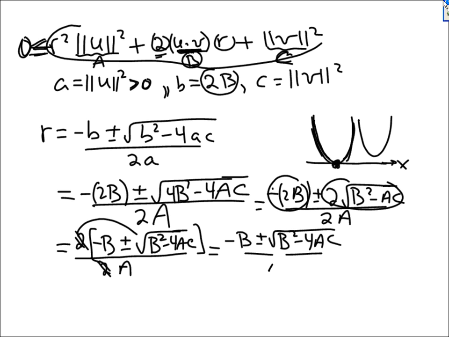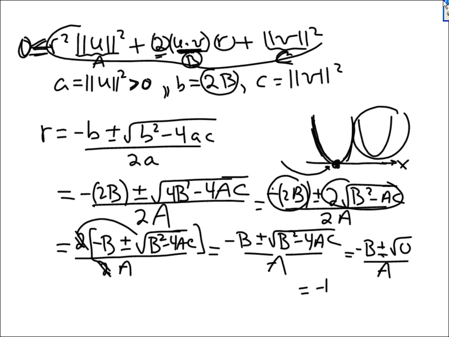Alright. Now, let's go back to our picture. Either we have 1 zero or we have no zeros. It never crosses the x-axis. Well, we have 1 zero when what's underneath the square root sign is 0. Because then we'll get negative b plus or minus the square root of 0 over a.